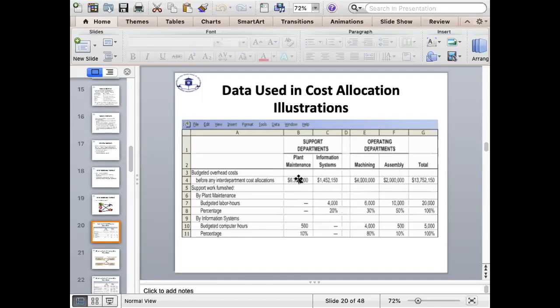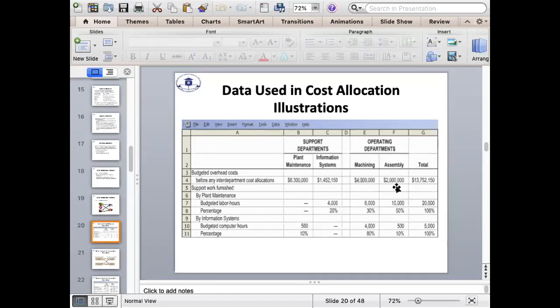And in production departments, we have the machining department and the assembly department. And this is the cost of plant maintenance, which is 6.3 million. Cost of information system, which is 1.4 something million. In production, the cost is 4 million in machining, and in assembly 2 million.